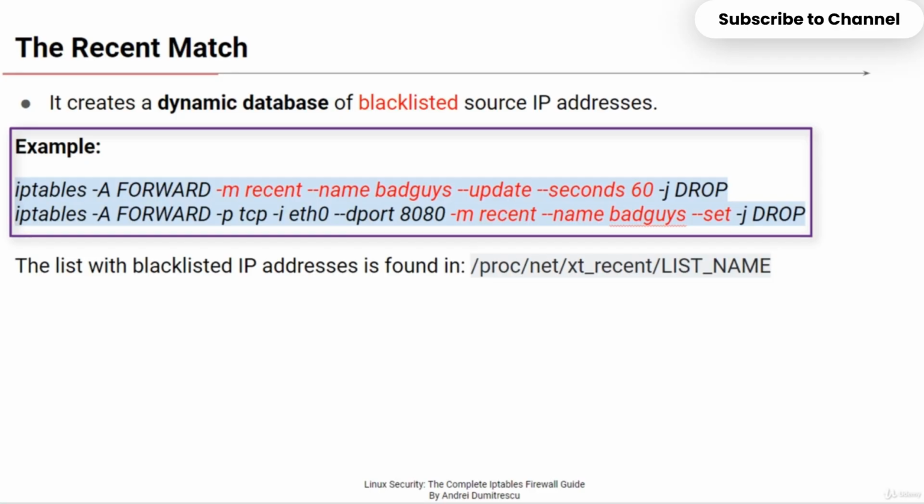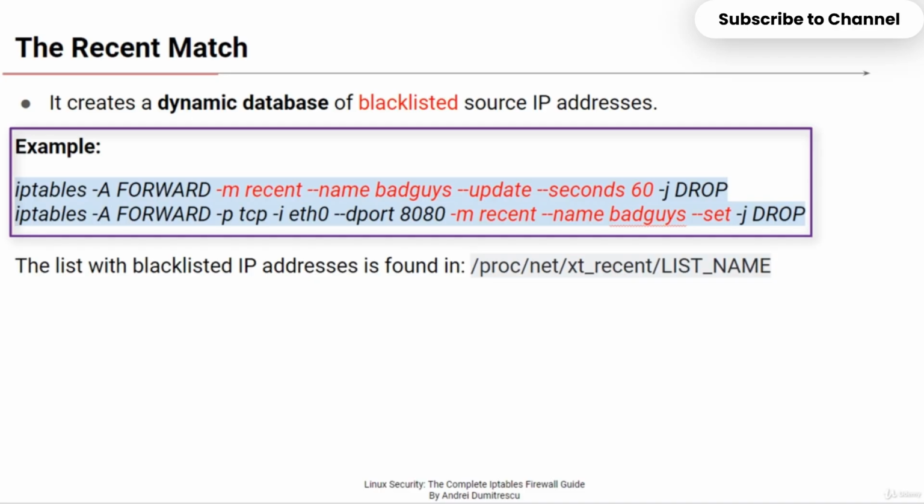The first rule is checking if the source IP address belongs to the badguys list. This is the name option, and if it's in the list, it will be dropped. The update option updates the last seen time of that particular source IP address, creating a so-called quiet time.